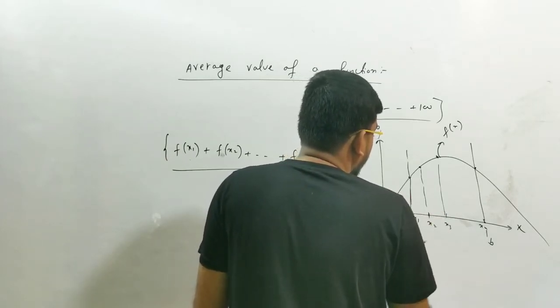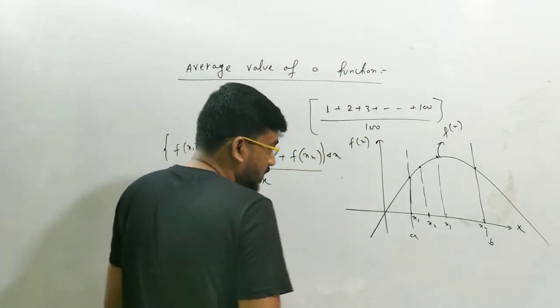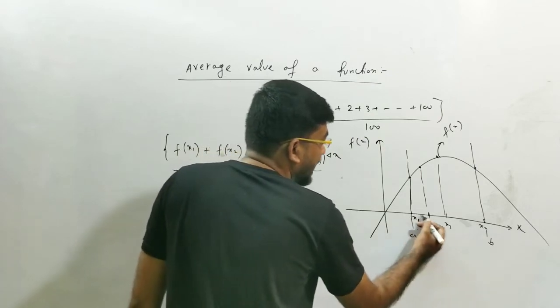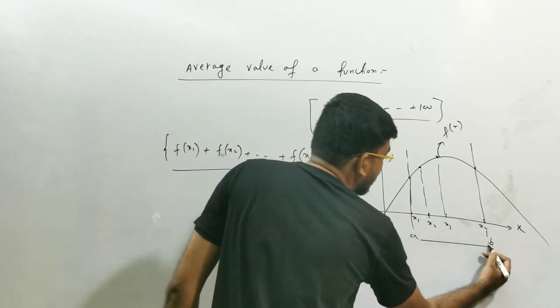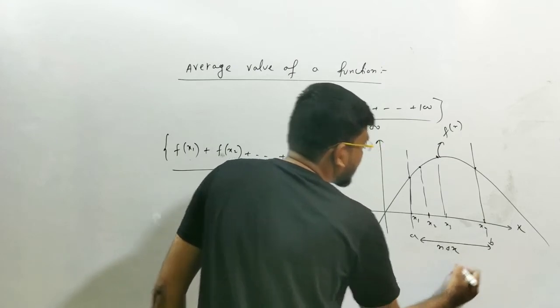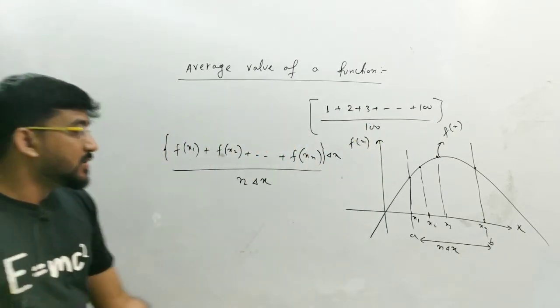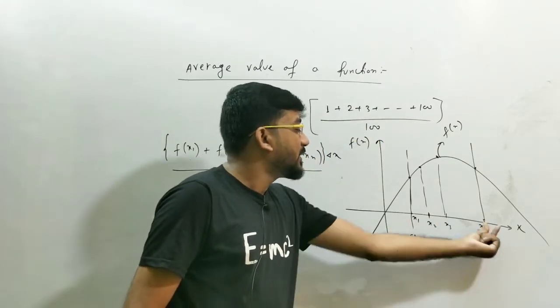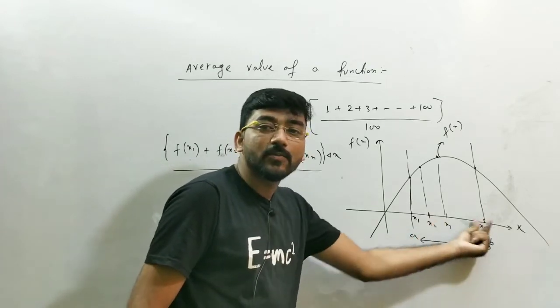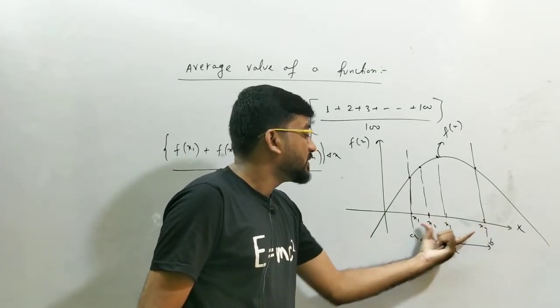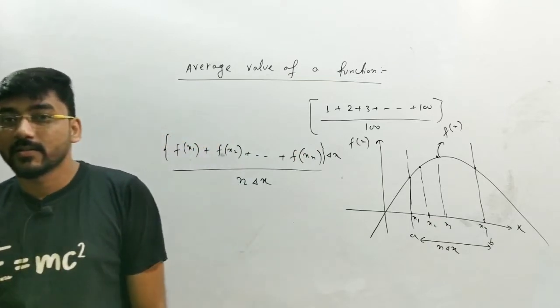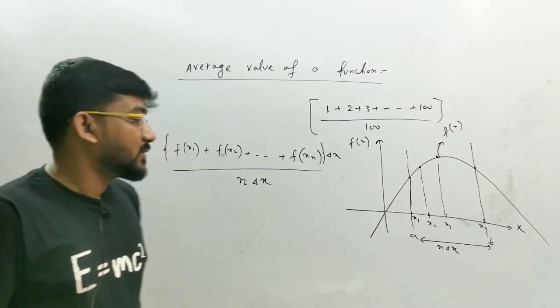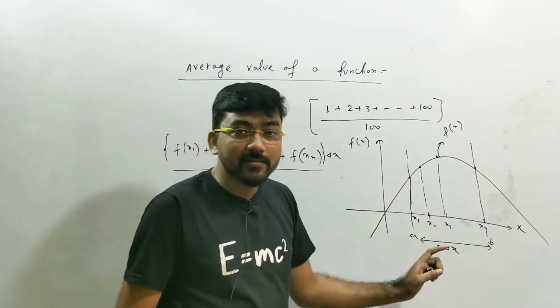If there are n number of intervals, then each interval is delta x. So if there are n points x1, x2, x3, then n into delta x will be just b minus a. Exactly, n into delta x is equal to b minus a.